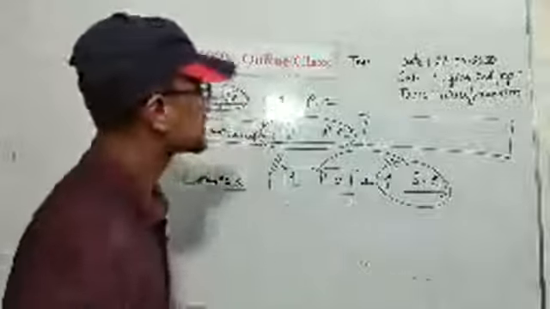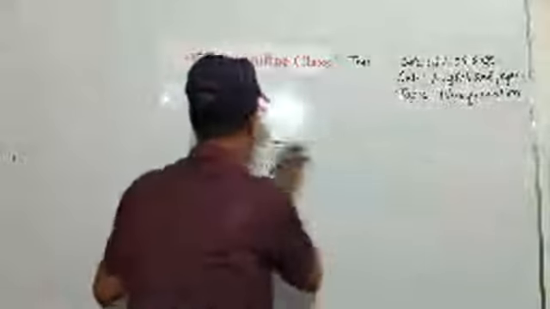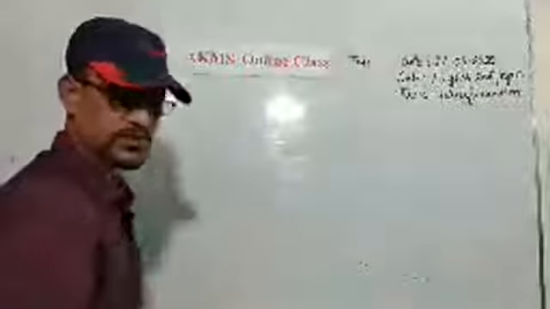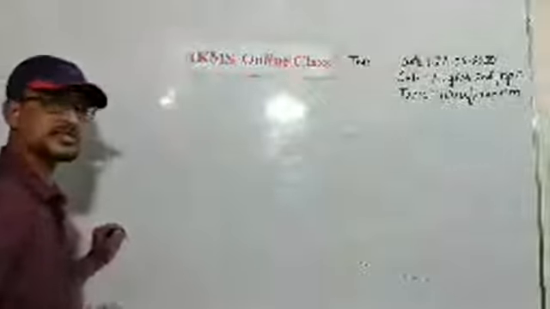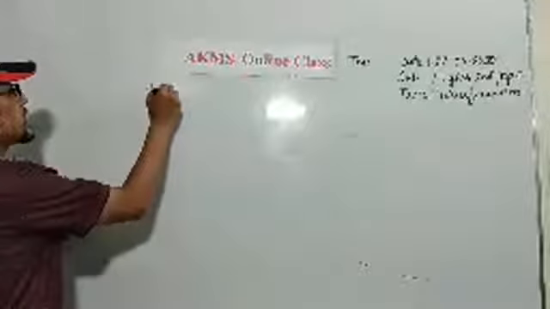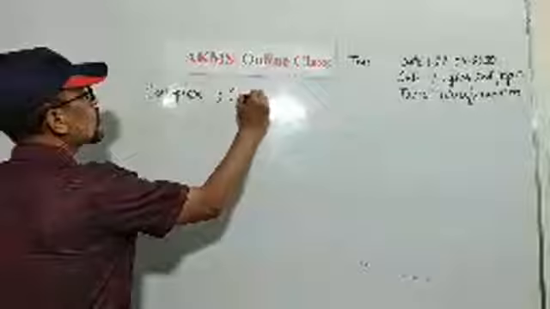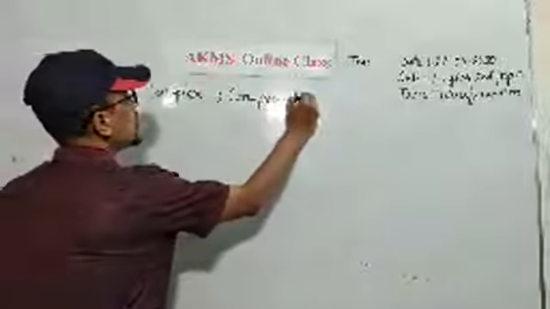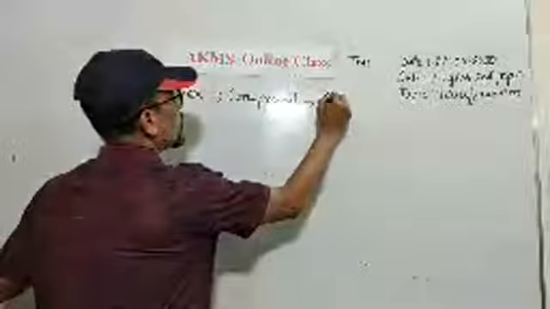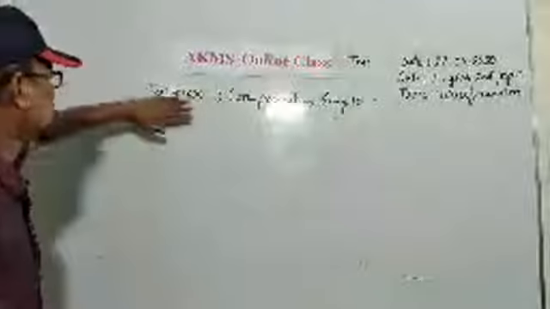Now, dears, I am going to give you the rules of transforming a complex sentence to compound and simple. So the topic is complex to compound to simple. Okay? You know what a complex sentence is?